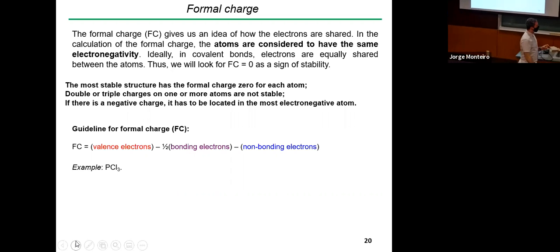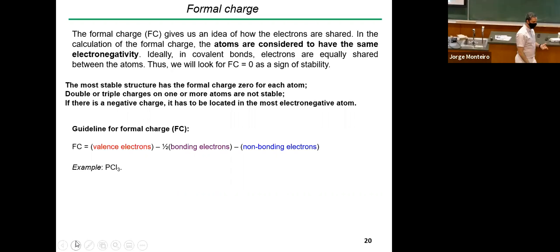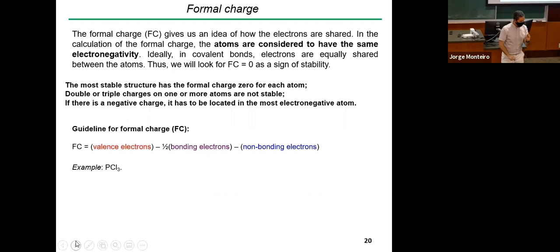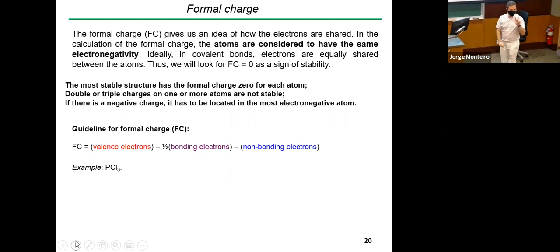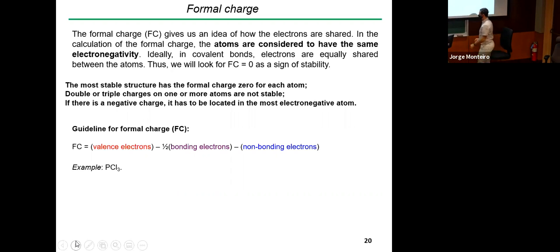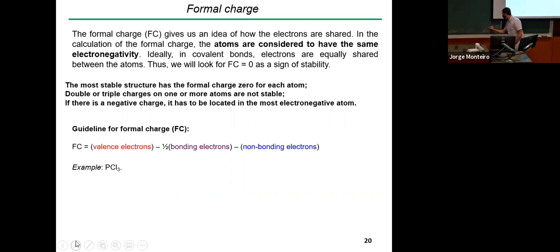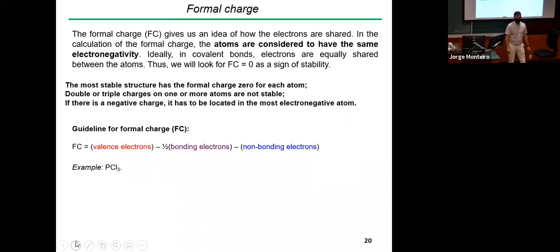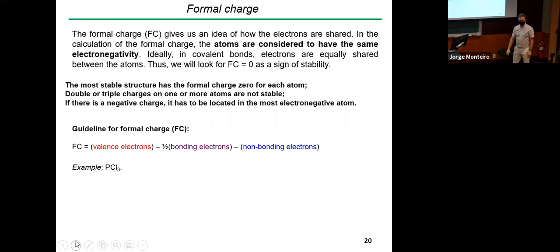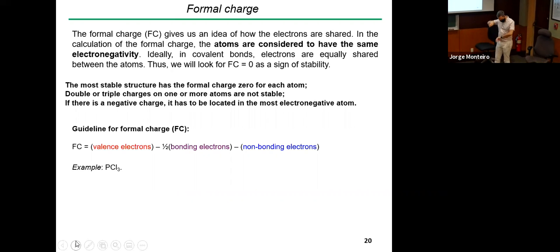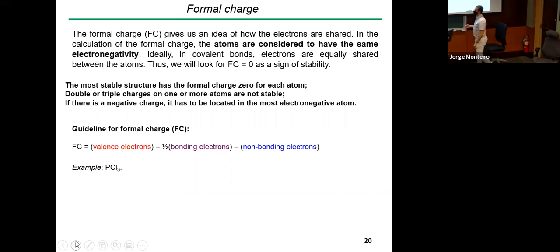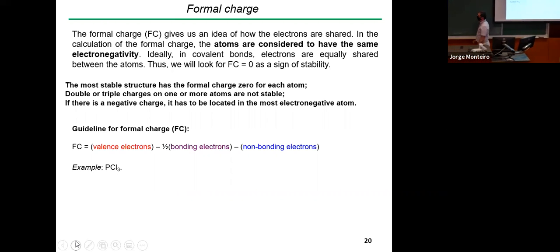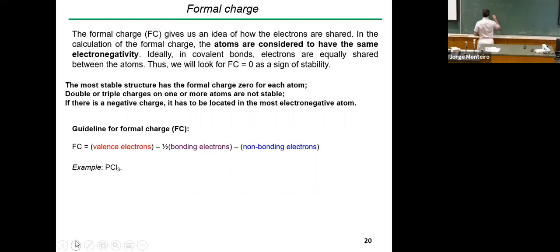Okay, so attention here with the number of bonding electrons. Each trace needs 2 electrons. So therefore, if you have a single bond, that's 2, double bond is 4, and triple bond that will be 6. And we are going to do the same thing for the chlorine.